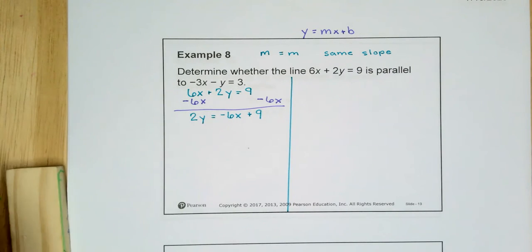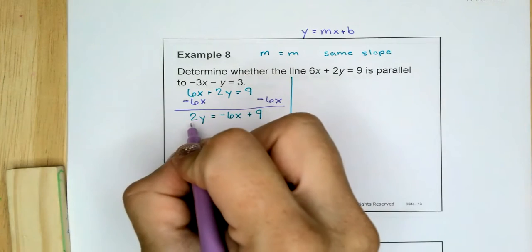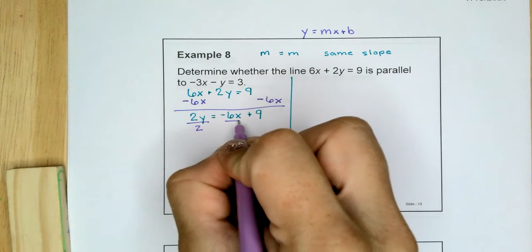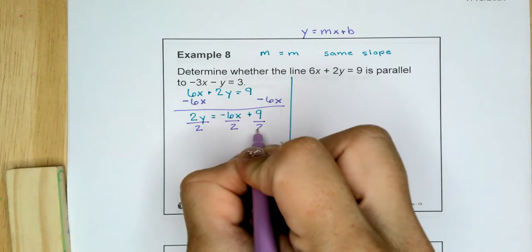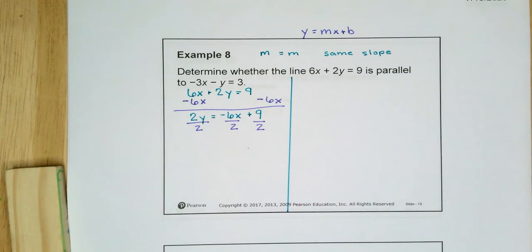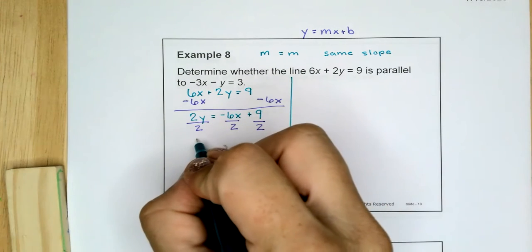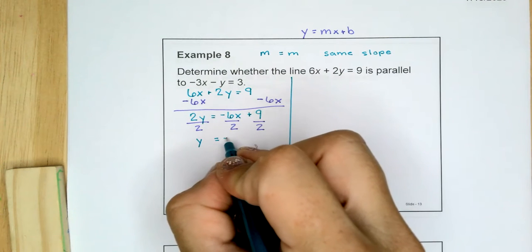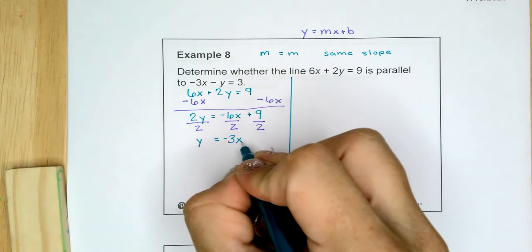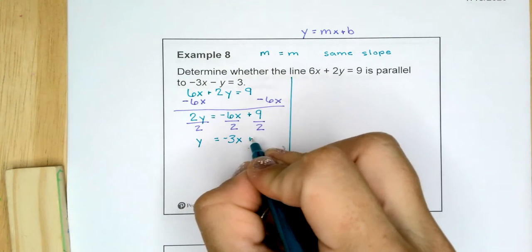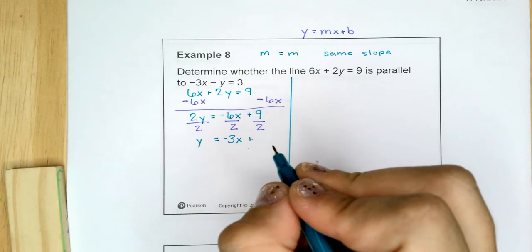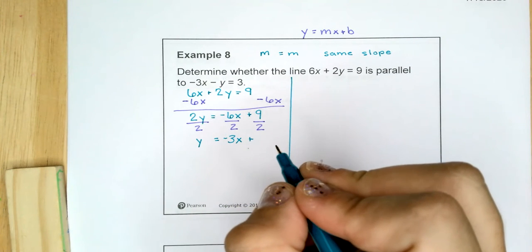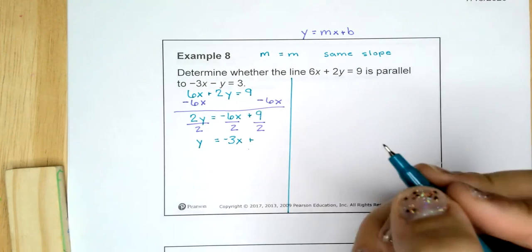Okay, now just divide everything by 2. Y divided by 2 just becomes y. Negative 6 divided by 2 becomes a negative 3, right? With the x. And then plus, and we can just leave 9/2.